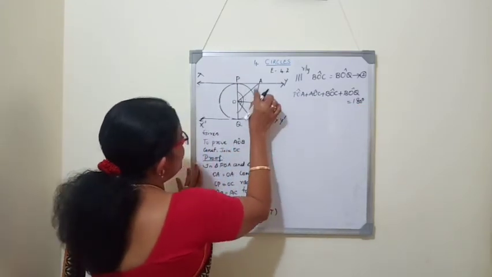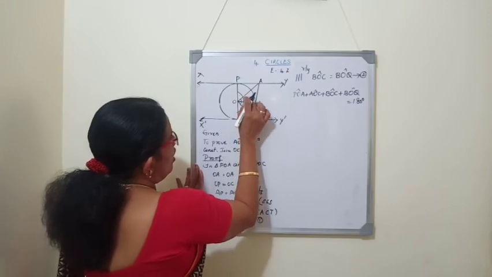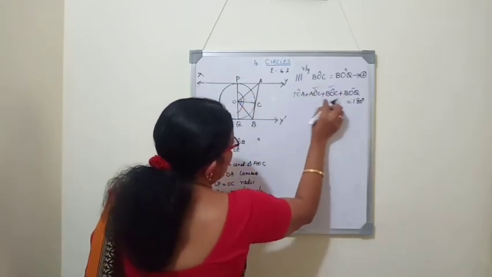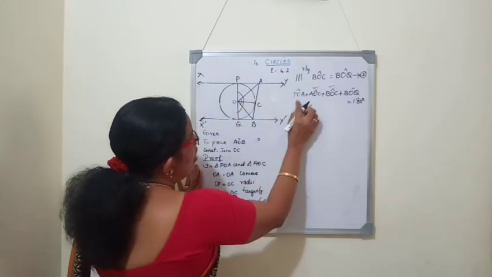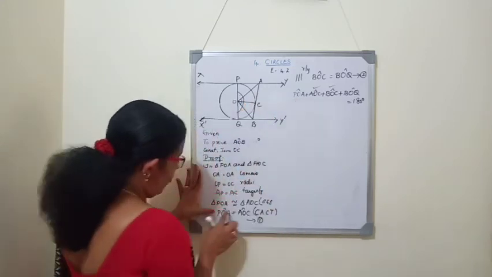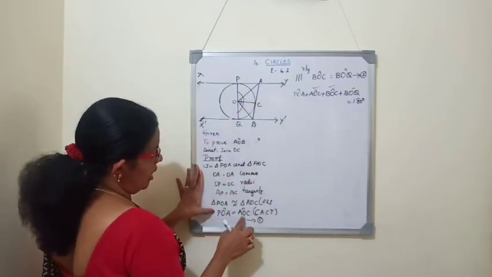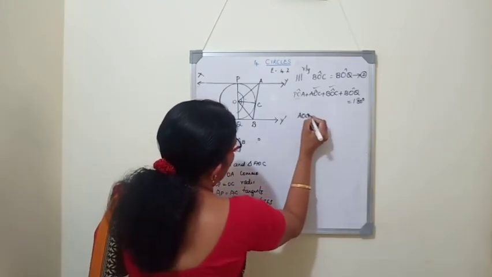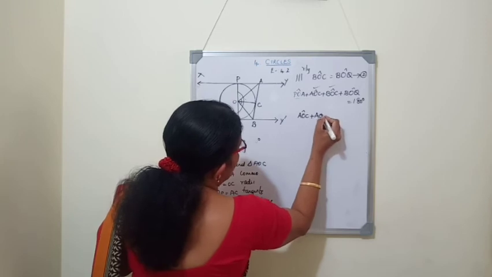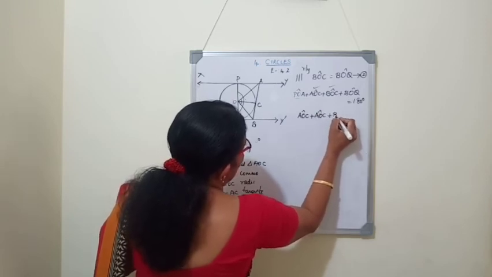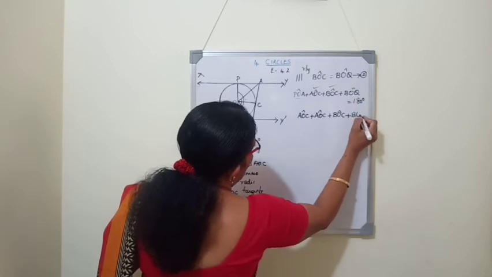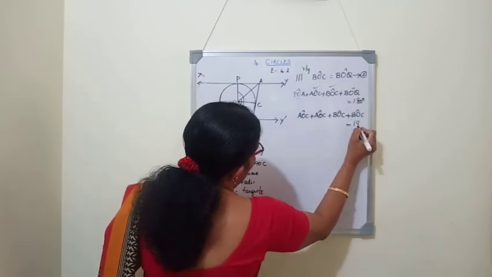Now, we wanted to prove AOB is 90. So, only we will take AOC and BOC. We want only these two angles to prove this angle. So, we will change POA. We already proved that POA is equal to AOC. So, instead of POA, we will write AOC, plus AOC is already there, plus BOC, plus instead of BOQ, we will write again BOC, is equal to 180 degrees.